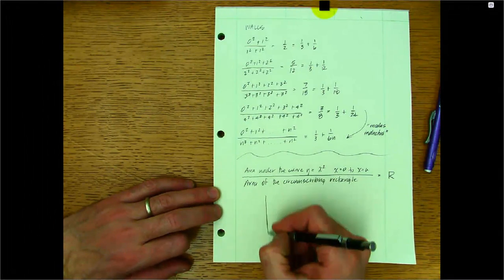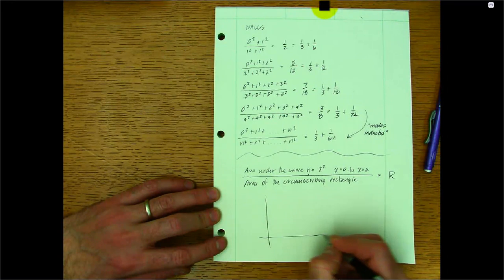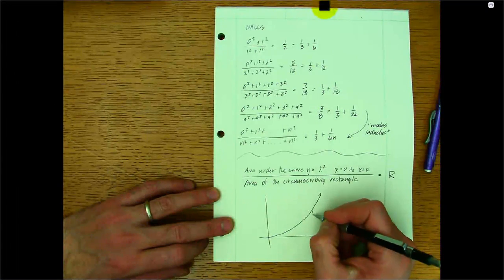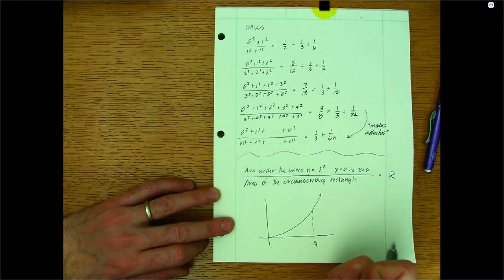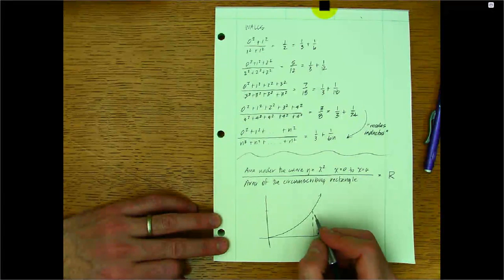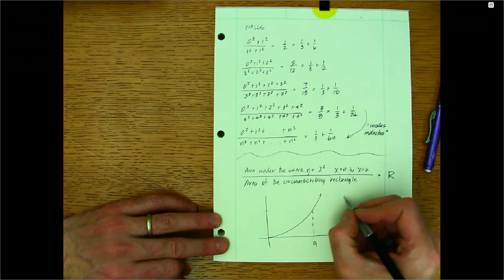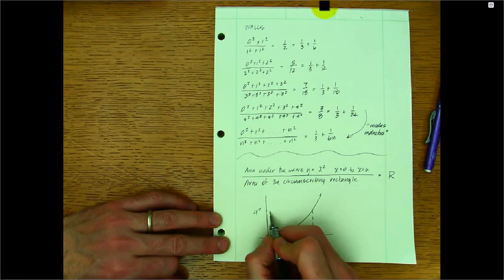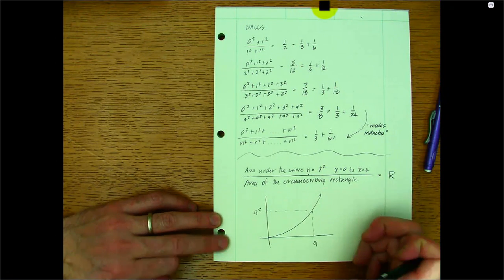So I guess pictorially what we're talking about is, if this is the picture we get, here is A. Well, if this is A and we're talking about y equals x squared, so this would be a squared. And so what is he talking about?